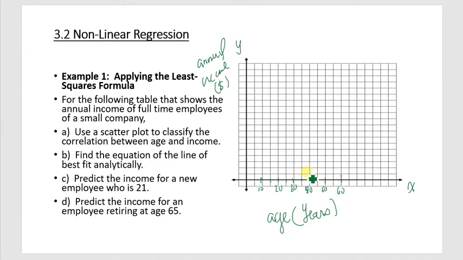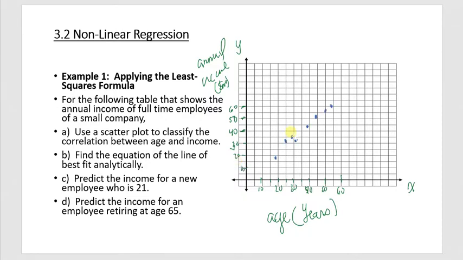And then the annual income, in thousands, has to go up to 60. So we'll do the same thing: 10, 20, 30, 40, 50, 60. Here we go. I'm going to go ahead and graph this, but I'll pause the video.